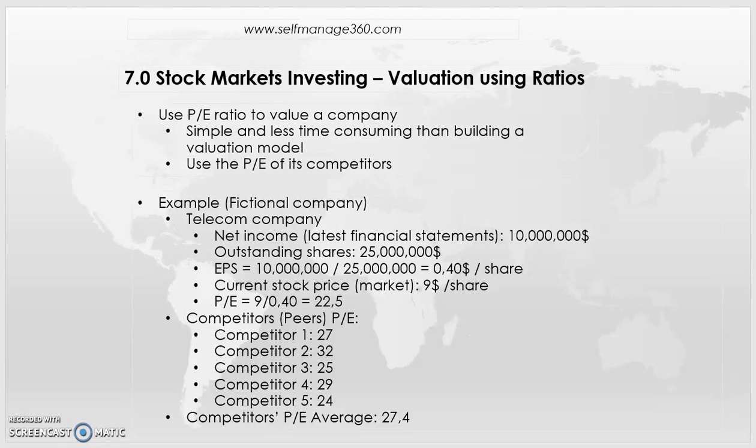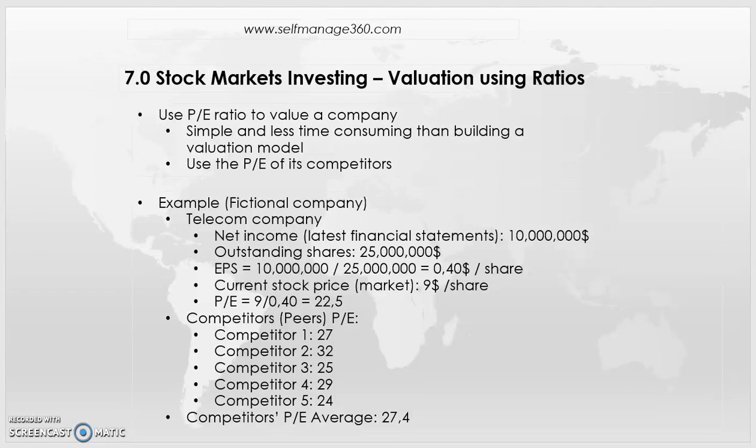So let's look at an example. Again, it's a fictional company, but you can apply that logic to pretty much every company you would like to invest in. Let's say the company is operating in the telecom industry, and it's the latest financial statements. It declared a net income, so a profit, of $10 million.